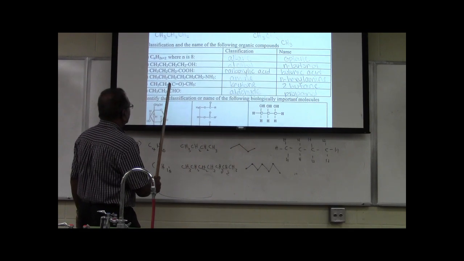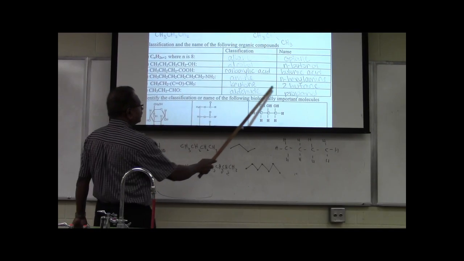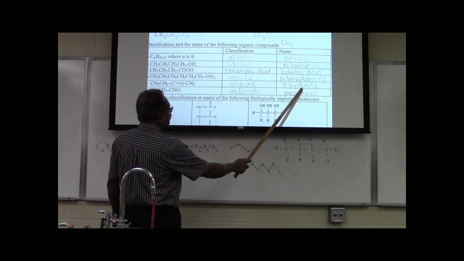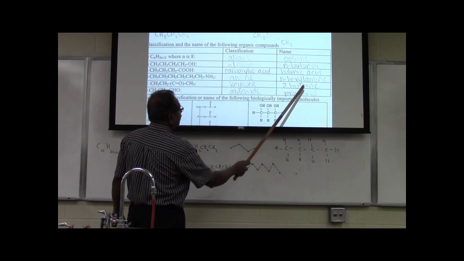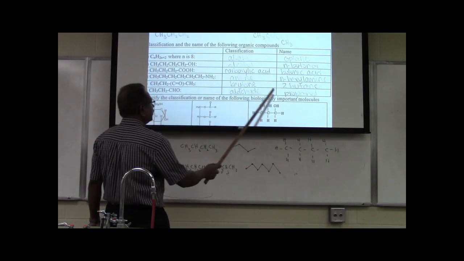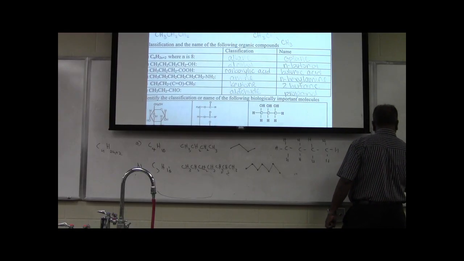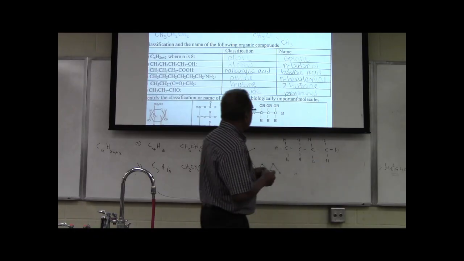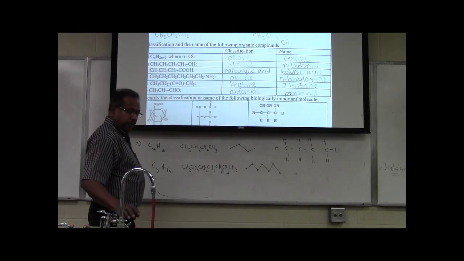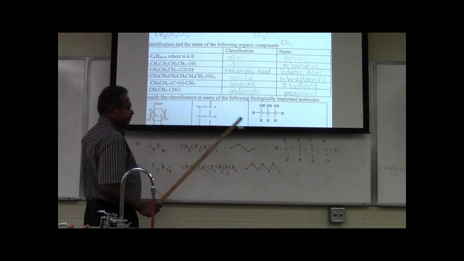There's a carbonyl group stuck in between 2 carbon atoms. It's called butanone. This is not butane. 2-butanol. Now, the CHO group is called aldehyde.